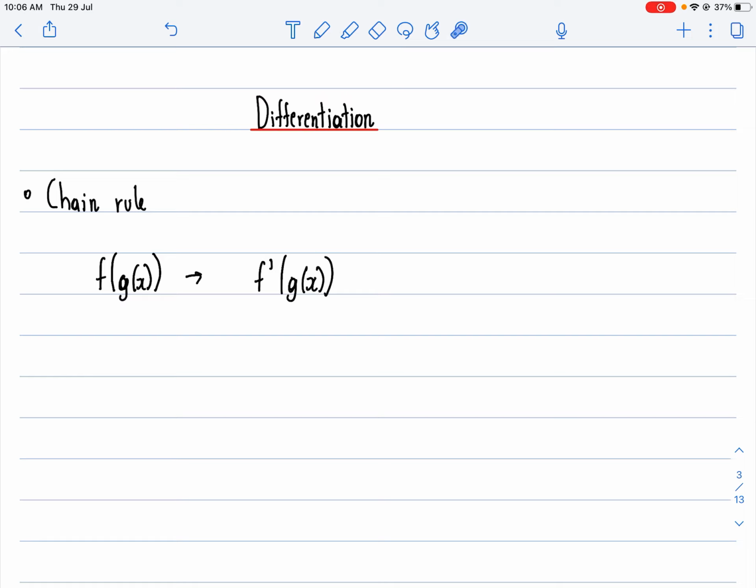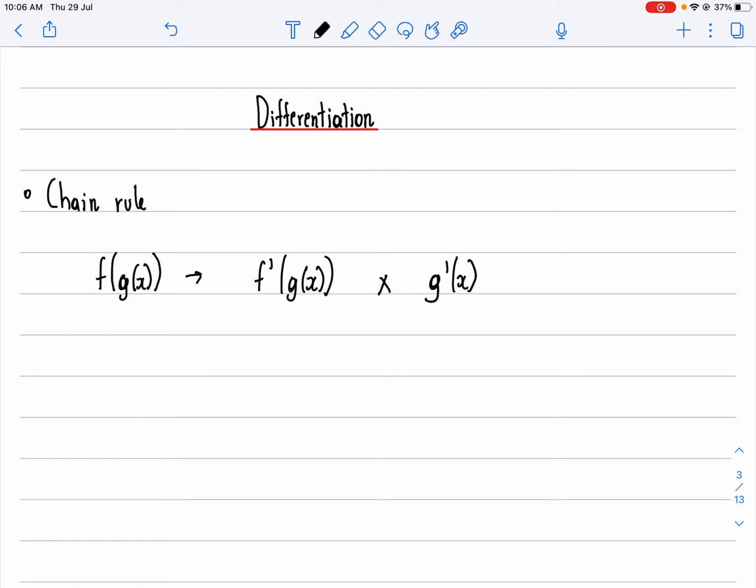First only the outer function will be differentiated, and the inner function will be written as it is, and this will be multiplied to the differentiation of the inner function, which is basically g dash of x. Correct? This is what I'll basically get. This is the formula which you need to know.